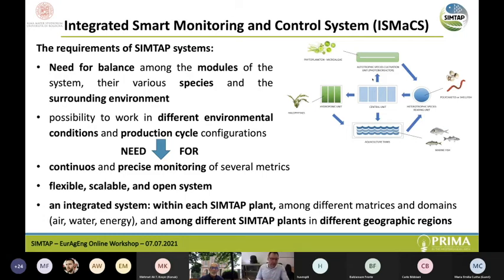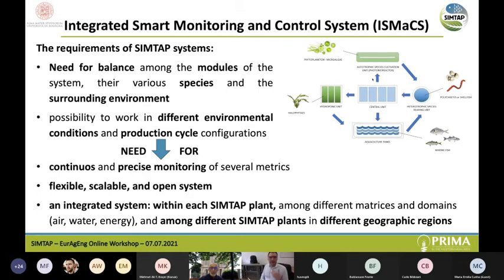Moreover, we need an integrated system, which means integrated within each plant. So in each pilot plant, we need an integration in monitoring across different matrices and domains, which means air, water, and energy, and also among different SIMTAP plants throughout the Mediterranean region, so in different countries.